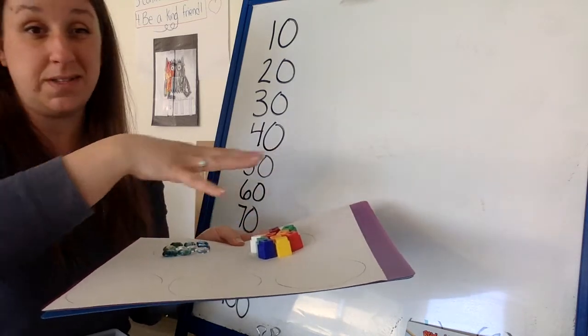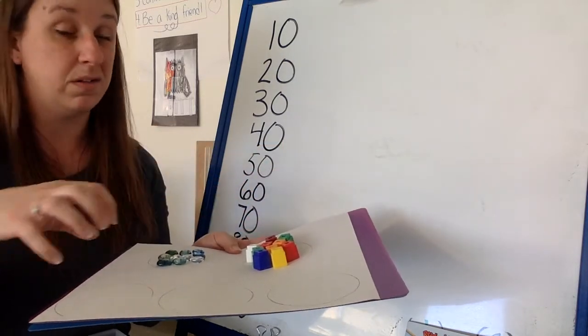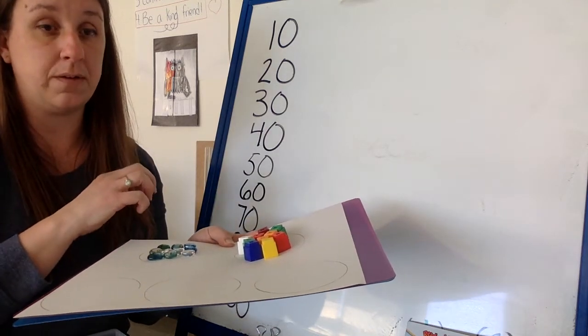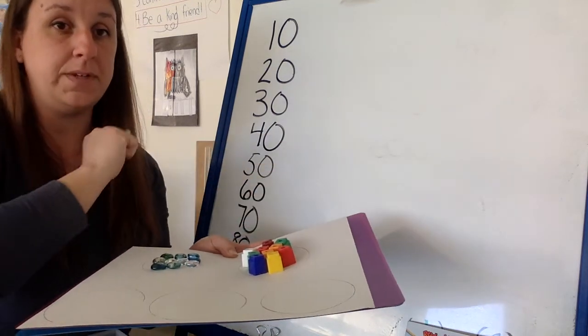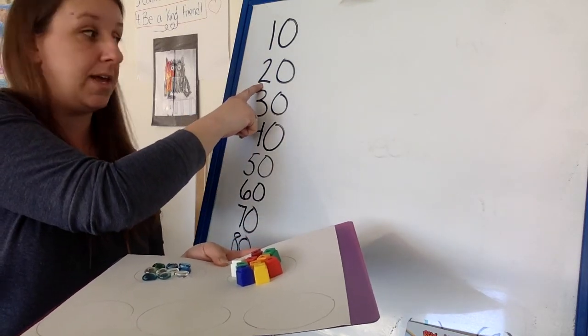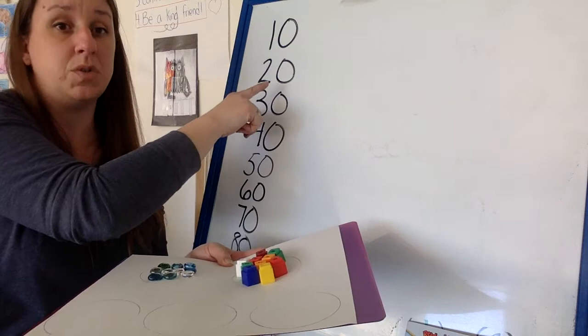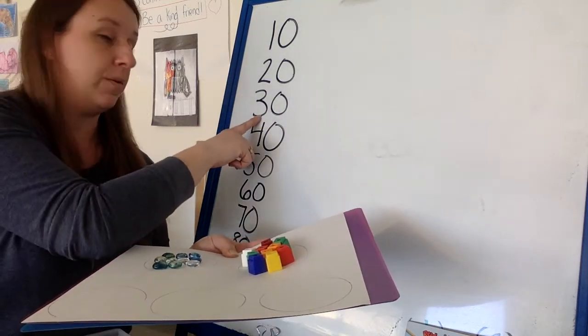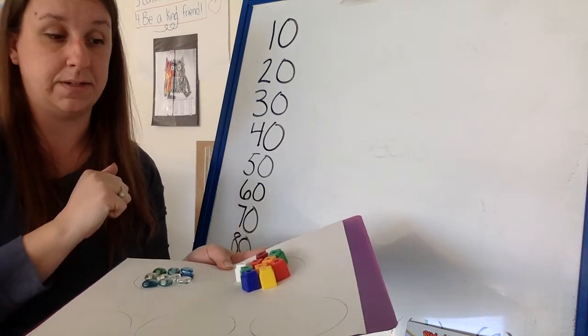If you use all the same thing, like you have all macaronis, you can say this is one group of 10 macaronis, this is another group of 10 macaronis, that's 2. 2 groups of 10 is what number? 20. This is 3 groups of 10 macaronis. That would be 30 macaronis, okay?